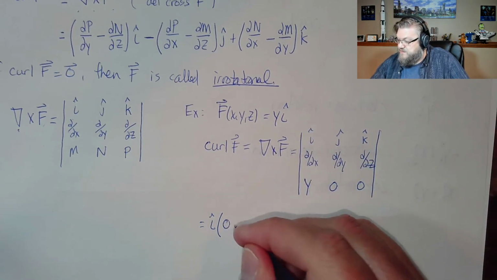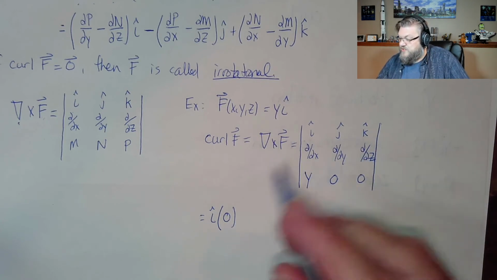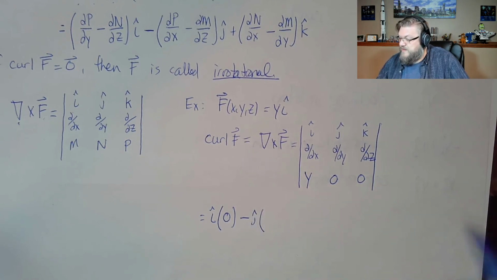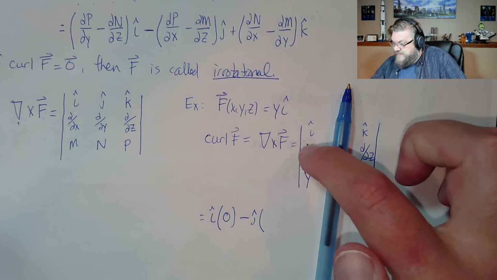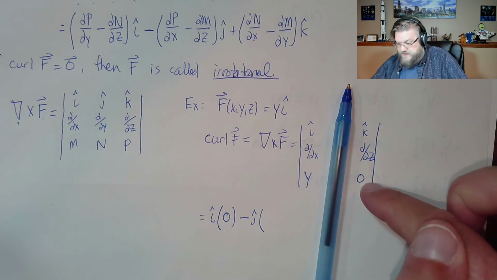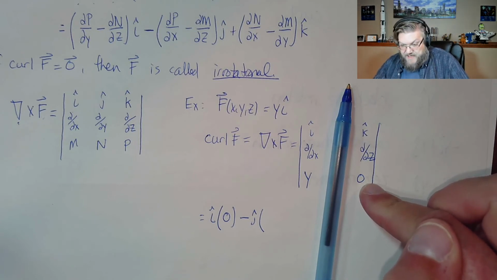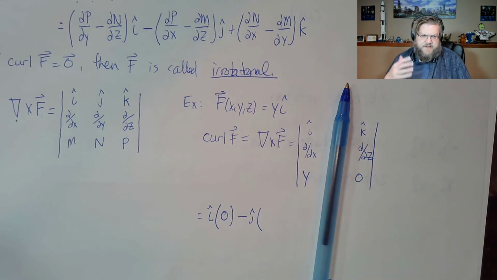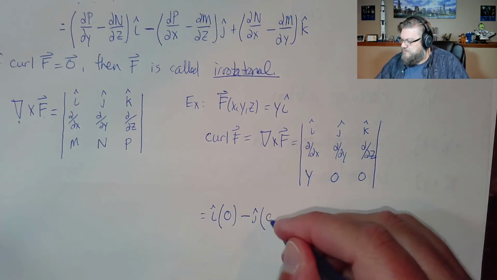So the i component is 0. Okay. Then remember in your cross product, negative is built in. j. Now hide the j column. And we're going to say, take the derivative with respect to x of 0. Well, the derivative of 0 is 0. Minus, take the derivative with respect to z of y. But that's also 0 because y is a constant relative to z. So the j component is 0.